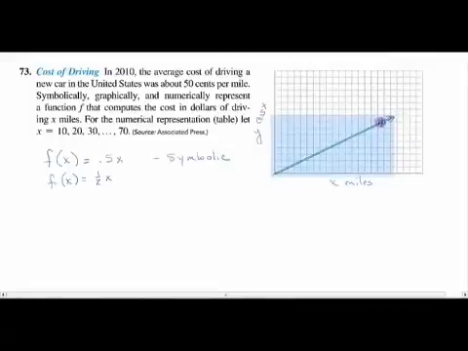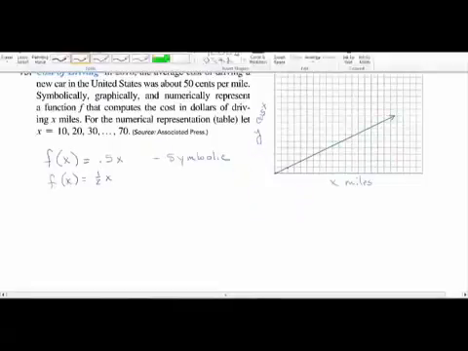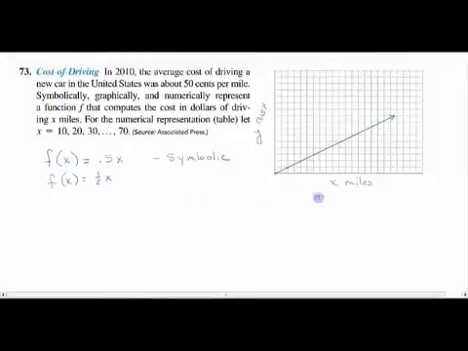It doesn't make sense to put an arrow here because in practicality we can't drive negative miles. Alright, so this is our graphic representation of the function.